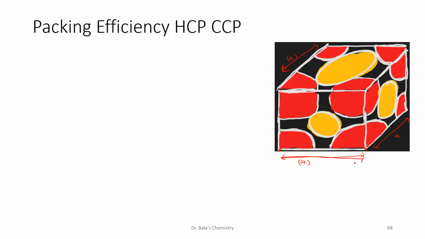We can't get it. Why? Because here we have some empty space between them. We don't know about the empty space between those two atoms. Is it clear or not?